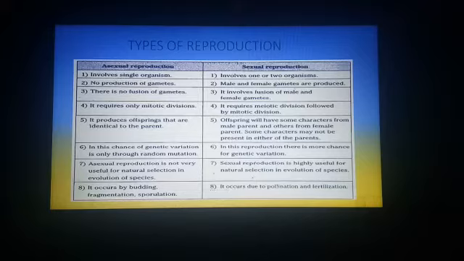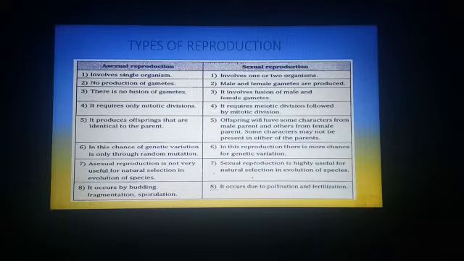Now, in asexual reproduction, the body cells or the somatic cells or the vegetative cells itself can give rise to a new individual. That means the cell which has got the complete set of chromosomes can divide further and form a new individual.